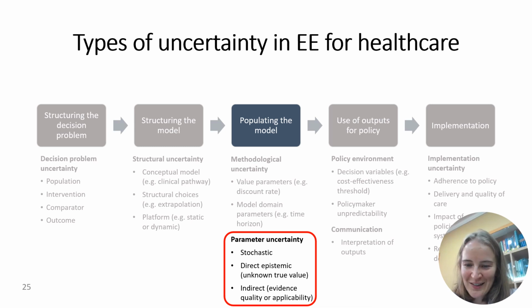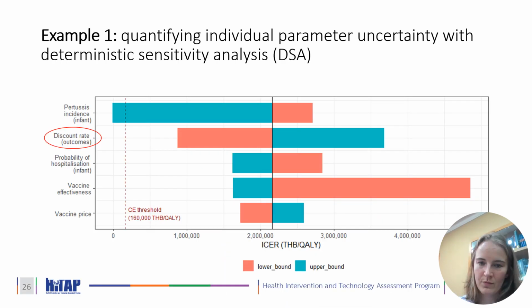And then parameter uncertainty for the next part. There are a number of techniques that you can use for parameter uncertainty. The first one is deterministic sensitivity analysis. This is also called one-way sensitivity analysis. You can also do multi-way sensitivity analysis, but in its very simple form, essentially you take one of your parameters at a time, you set it to what you think of as the upper bound, so what's the most likely higher value that it could be.